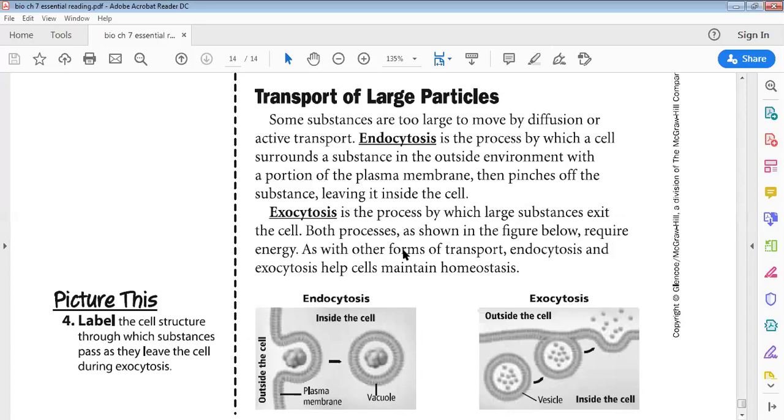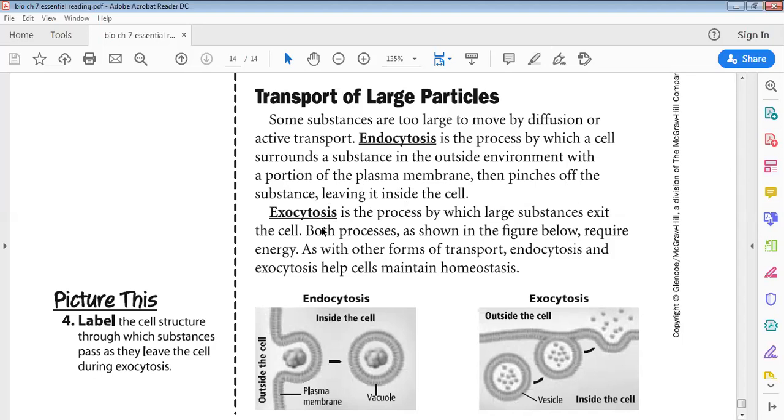Exocytosis moves them from inside the cell to outside. It is a process by which large substances exit the cell. Exo means out. But endocytosis is the process by which a cell surrounds a substance in the outside environment with a portion of the membrane, then pinches off the substance, leaving it inside the cell. So endocytosis moves large particles from outside the cell to inside, but exocytosis moves large particles from inside to outside. Okay?